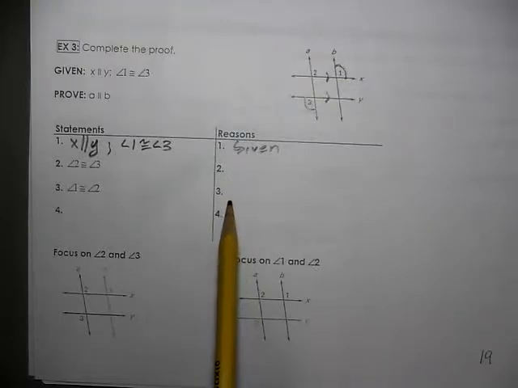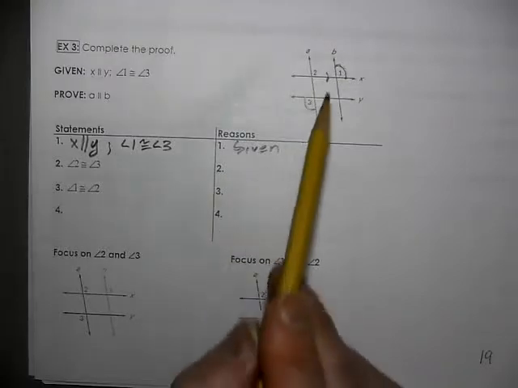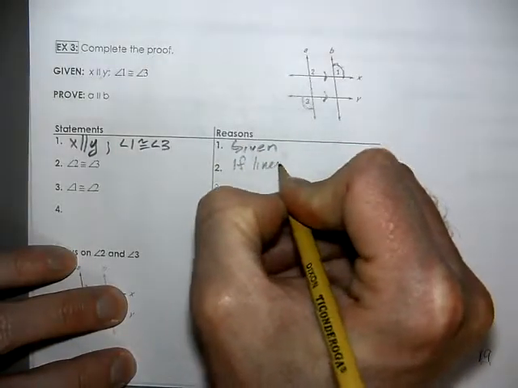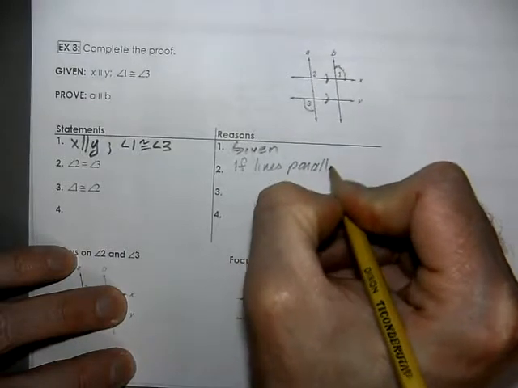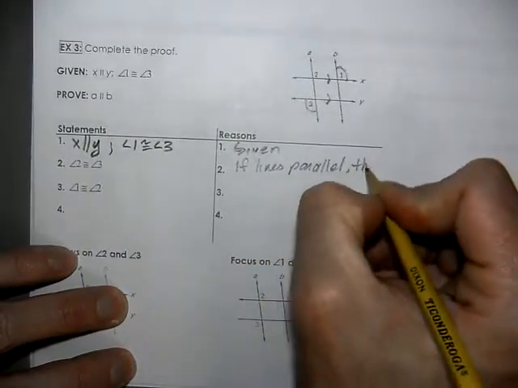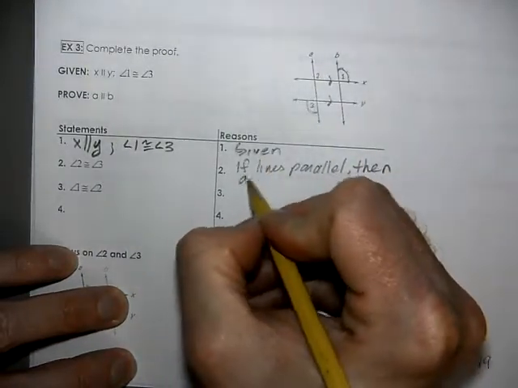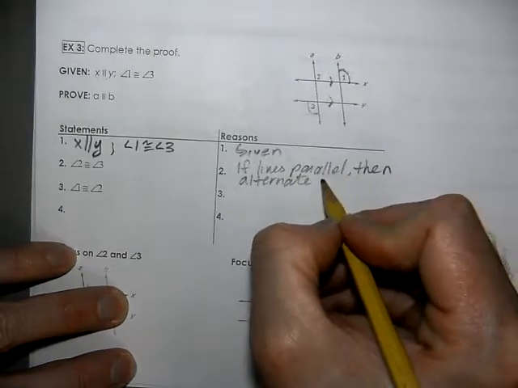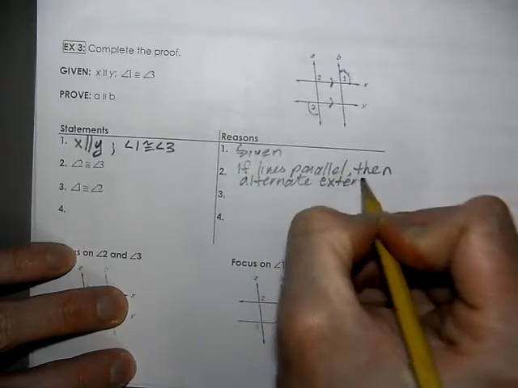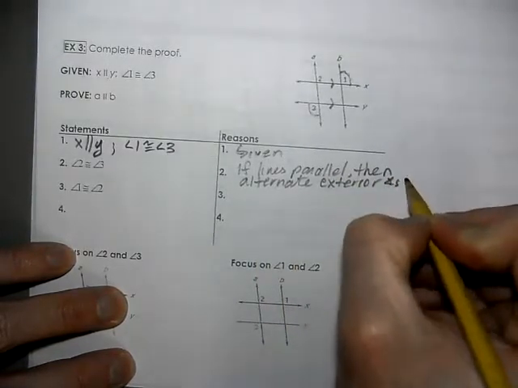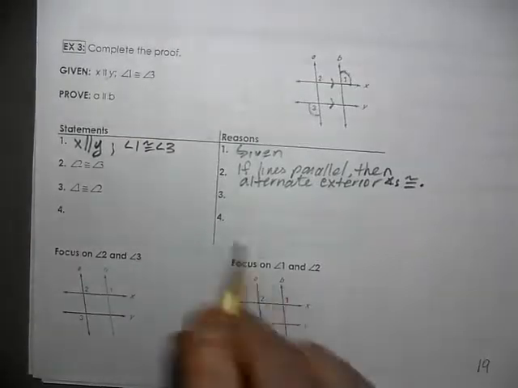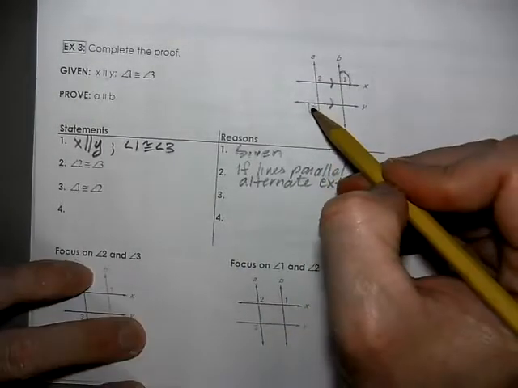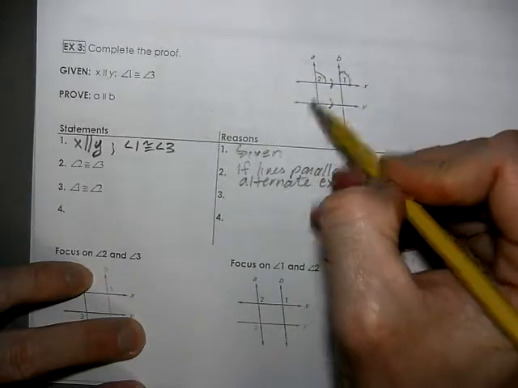They're not vertical. Lines are parallel. So if lines parallel, then alternate exterior angles congruent. This is what we learned yesterday. Now we know that 2 and 3 are congruent.